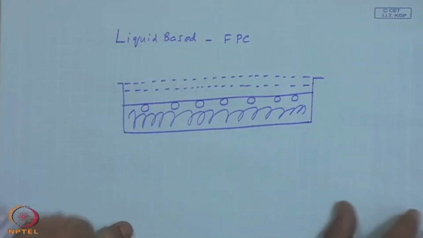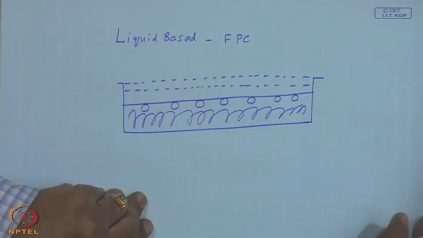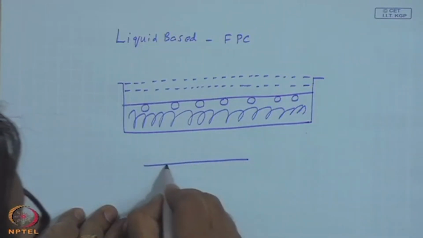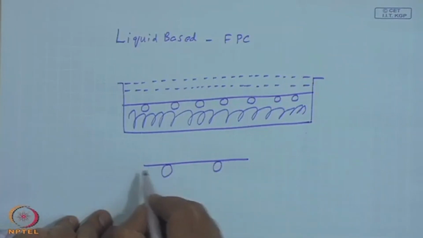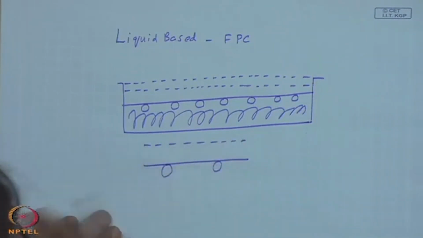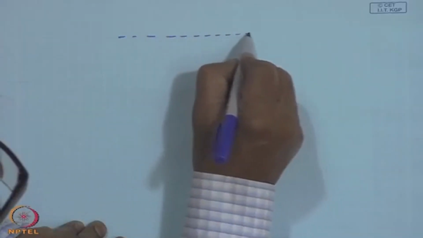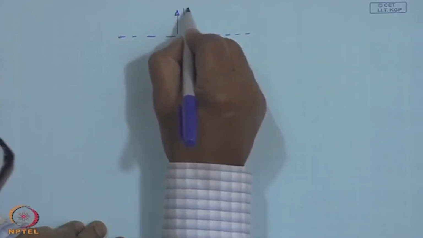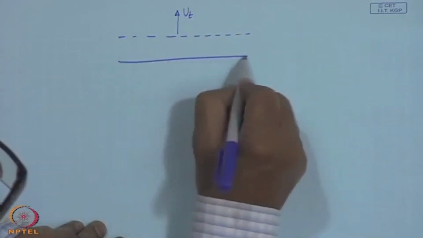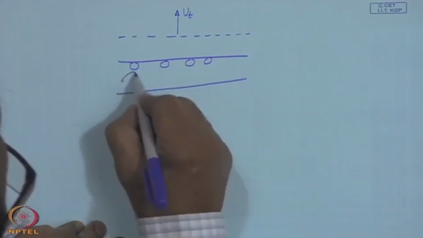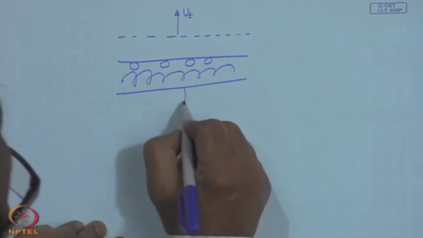Other configurations are possible. This fin and tube arrangement I have shown in A is nothing but the same. The tubes are attached to the bottom, and you may characterize the system to be comprising of a top loss coefficient and a bottom loss coefficient.